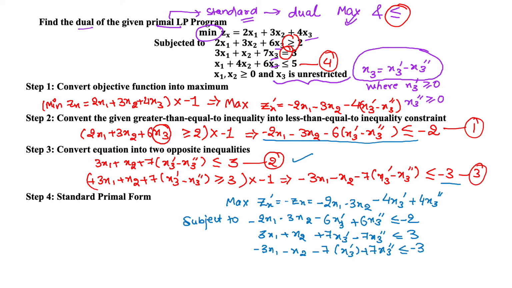And the last one is the same as earlier, x3 dash minus x3 double dash less than or equals to 5, and my decision variables are greater than 0, non-negative restrictions. So that's my standard primal problem.